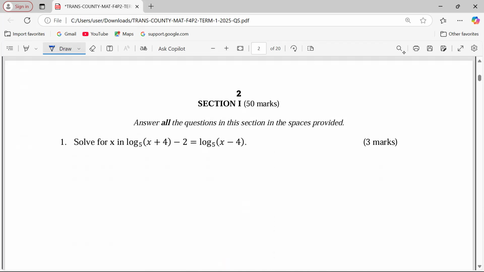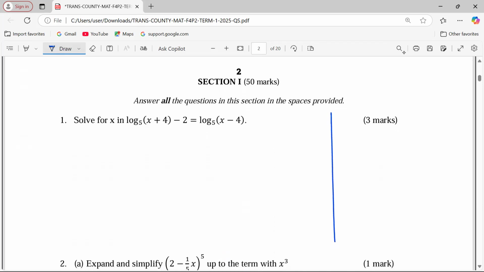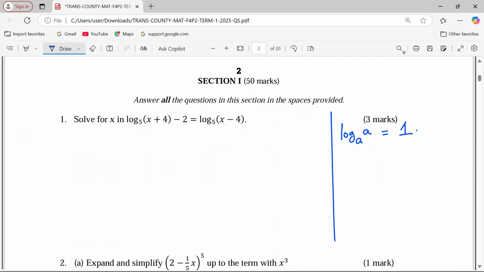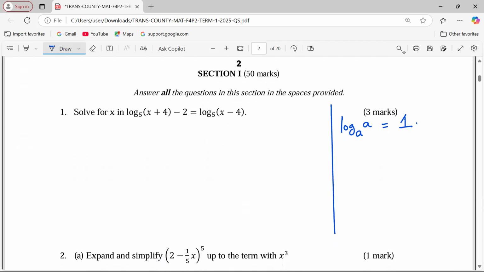We know very well that in logarithms, there is a law that says in case we have the logarithm of a certain number to the same base, this one is equivalent to 1. Now, looking at this question, there is a constant 2 which has been applied. Therefore, at that point, I shall introduce the logarithm of 5 to base 5 because the value is 1.